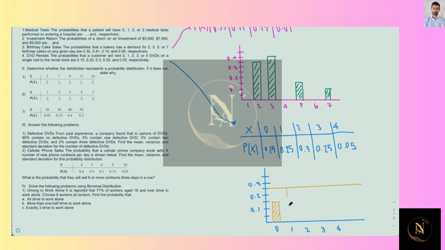And this is also the height for 3. Let's put 1 and 3 at 0.25. 2 is at 0.3.